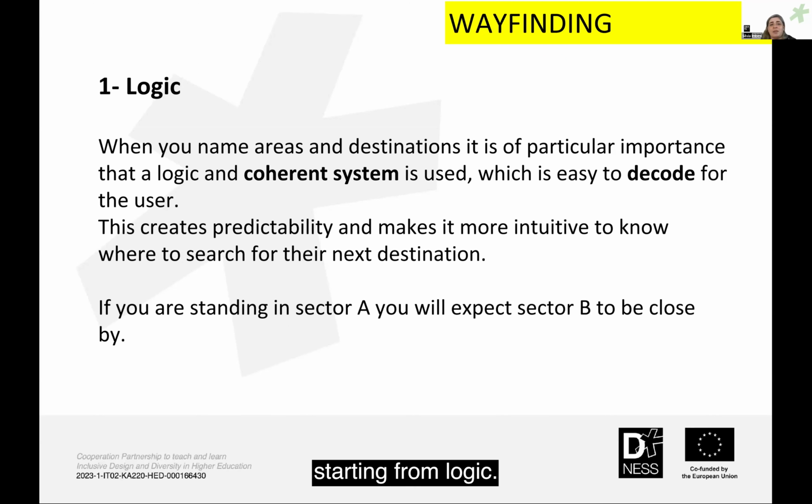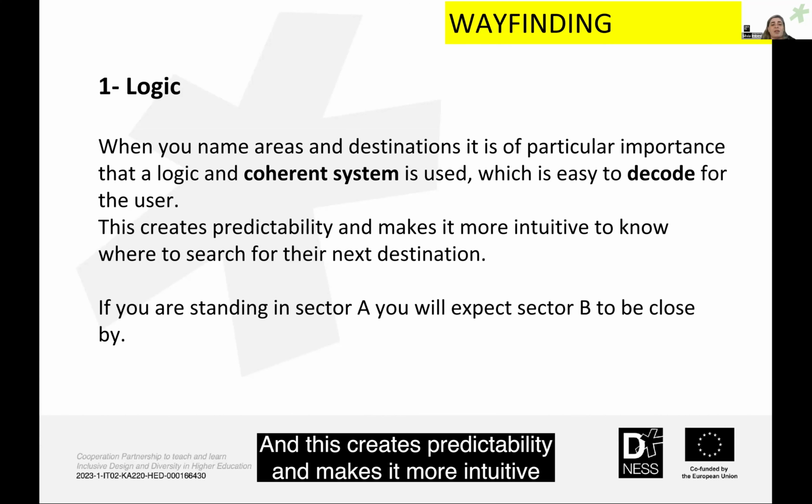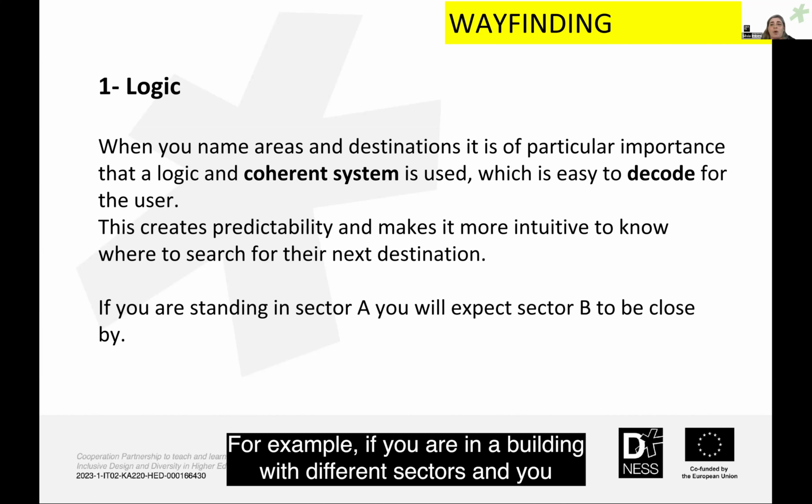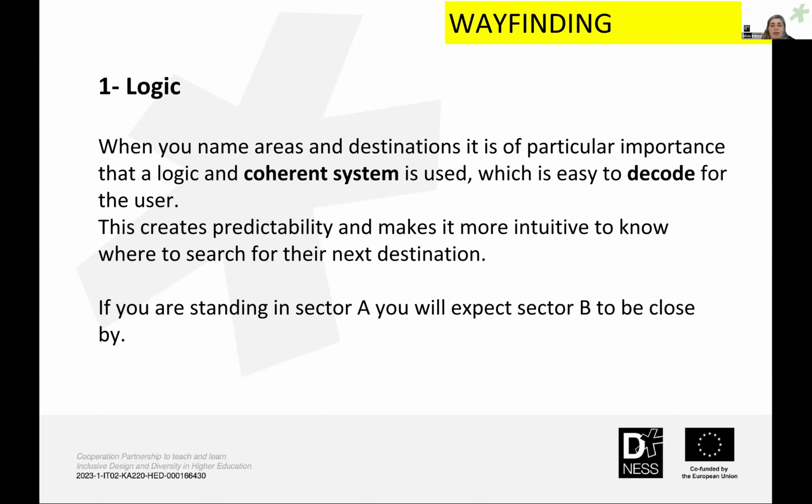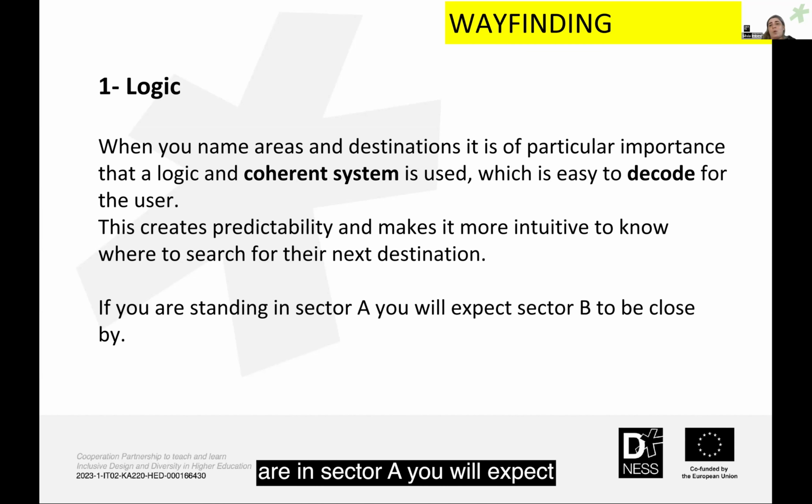Starting from logic, when you name areas and destinations, you should use a logical system which is easy to decode for the user. And this creates predictability and makes it more intuitive to know where to search for the next destination. For example, if you are in a building with different sectors and you are in sector A, you will expect to find sector B close to it.